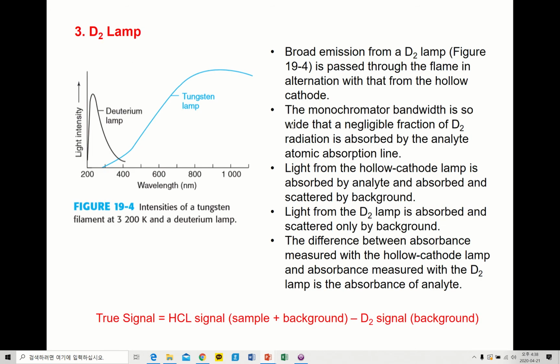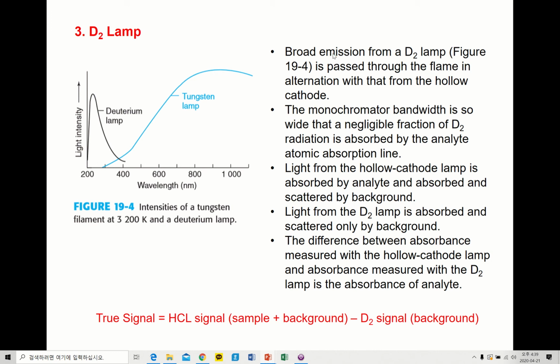Okay. Another method is to use a deuterium lamp. From the figure in the previous chapter, we know already that the deuterium lamp generates mostly near UV light. This is rather broad compared to the hollow cathode lamp.